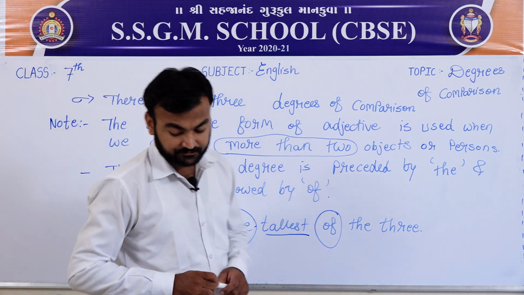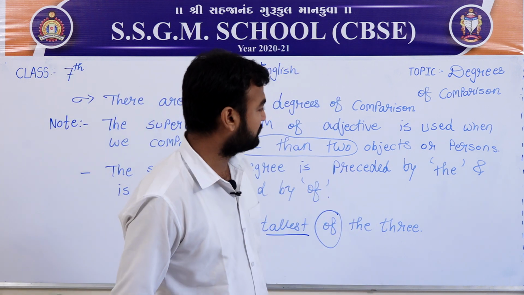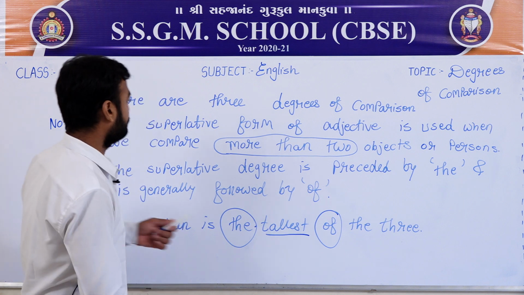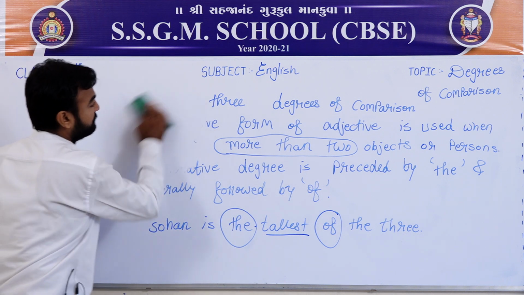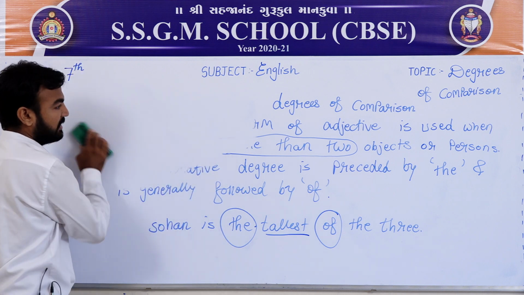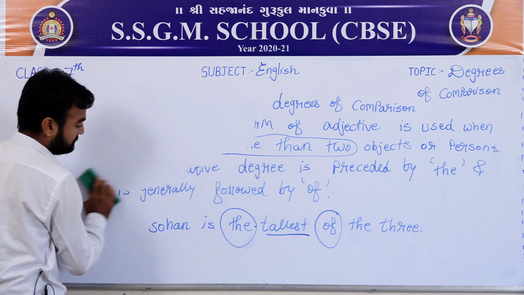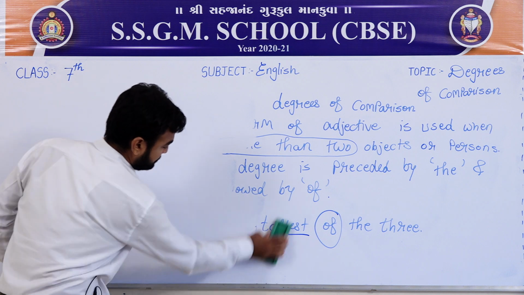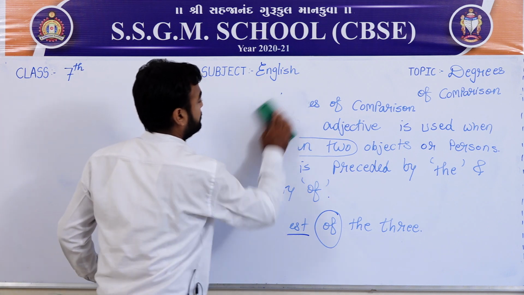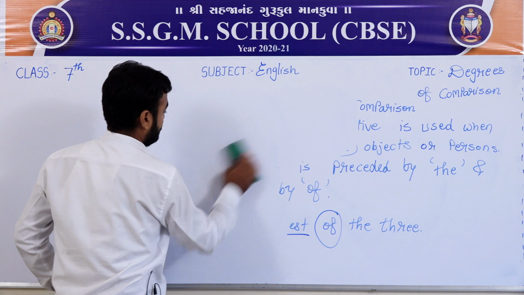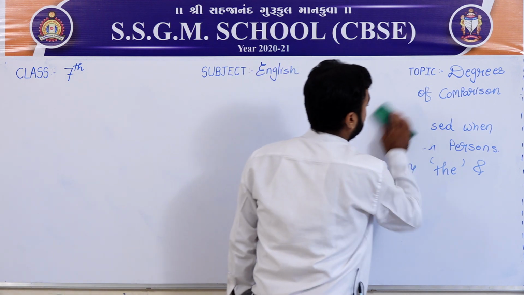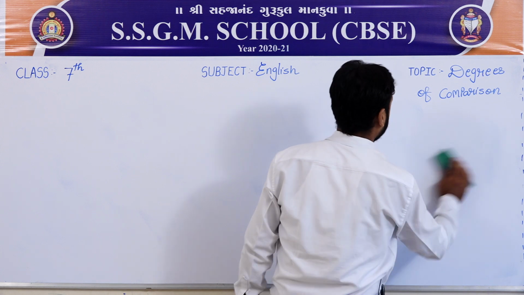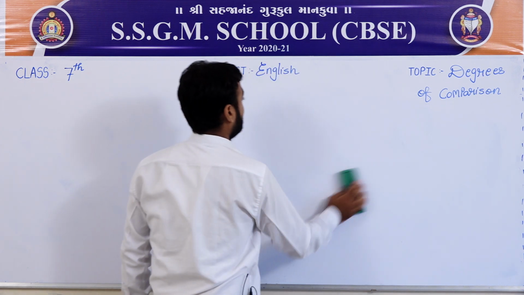Now students, formation of degrees. Now we are moving to formation of degree, that is how degrees are formed. So let me explain through one table and that you have to complete it by yourself.